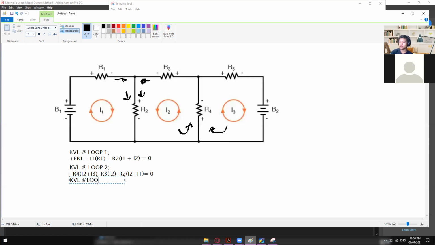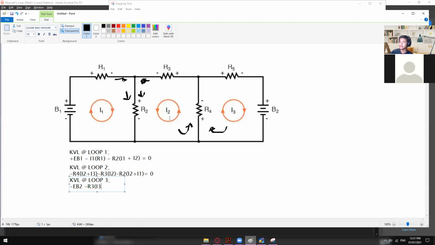Okay, so again, I'll start with this one right here. KVL at loop 3. And right here, I will still consider the outer sign. Okay, so we have negative, it's still the outer sign, so it's negative I3 times, or R3 rather, times I3.